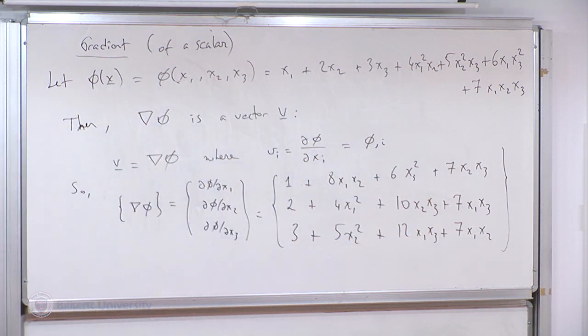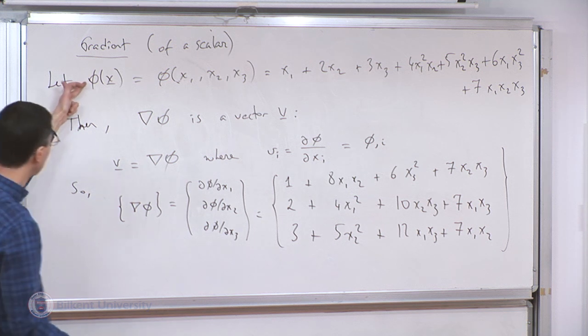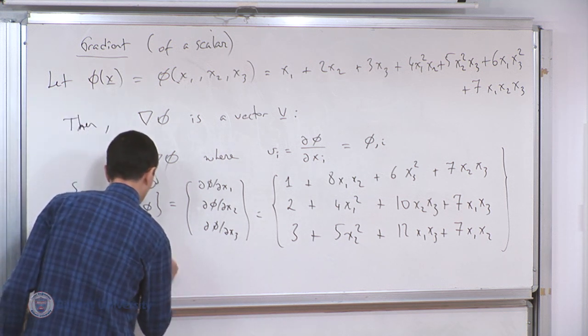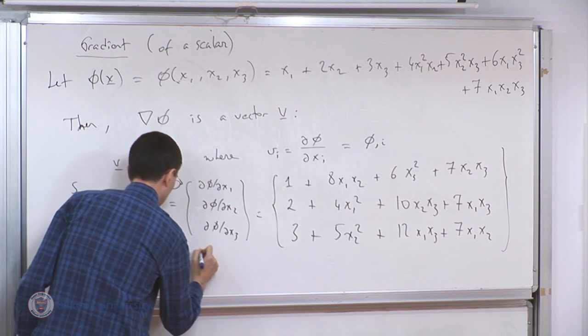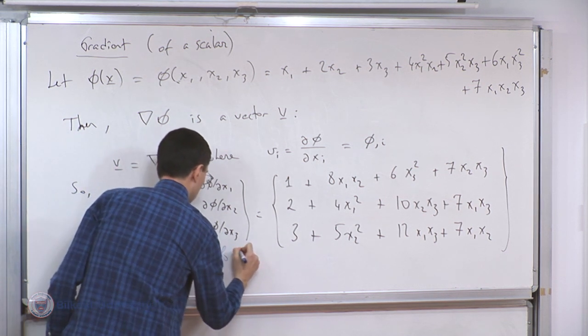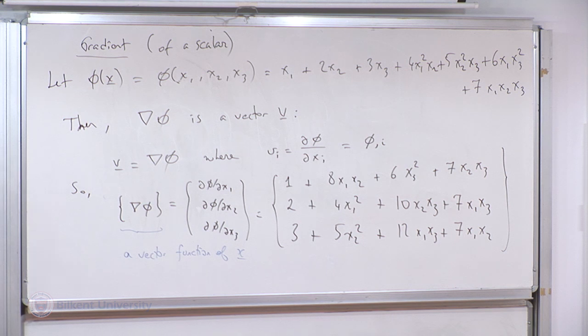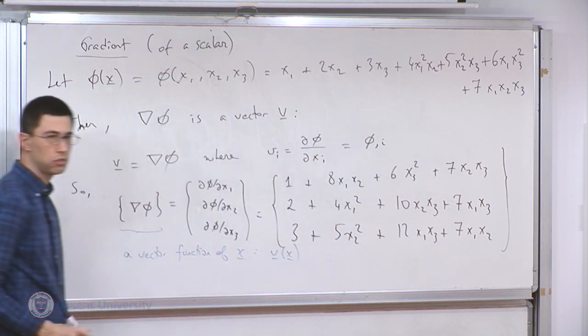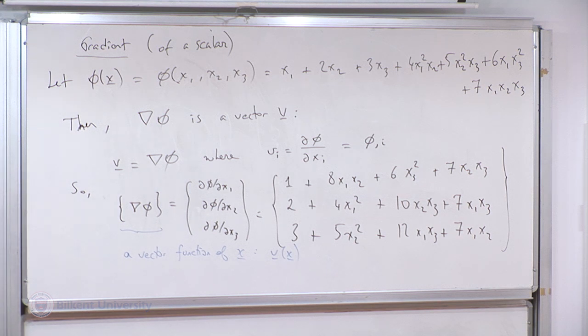So they are still actually, in some sense, functions. This is a scalar. This is a vector. So I could have written, for instance, v of x. That would be a way to indicate that. All right.